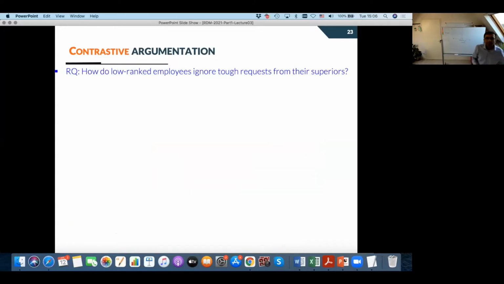The technique works like this. On top of a page, which I put an example of on Canvas, called the Contrastive Argumentation Working Sheet, you write down your research question, and then you have a table.